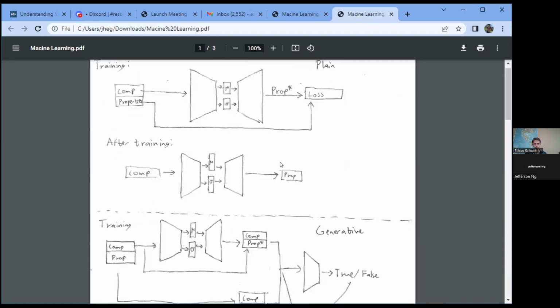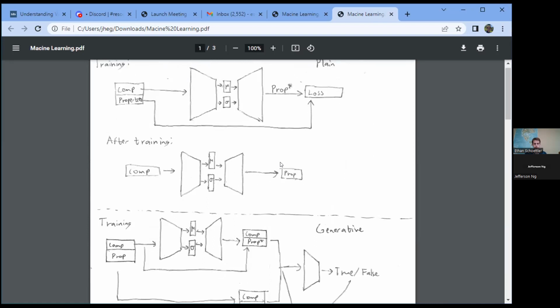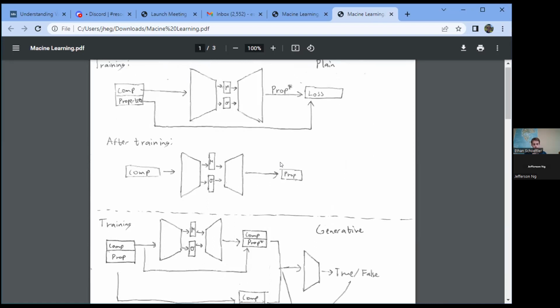From my experience with training data, I don't think you can just get a new property in the training process. I don't think it's possible to make a property using just composition.